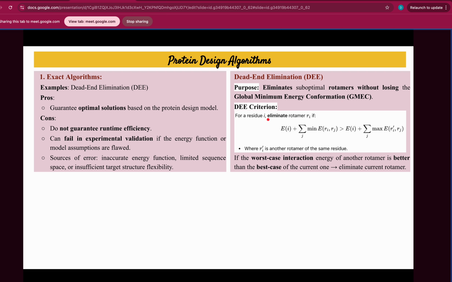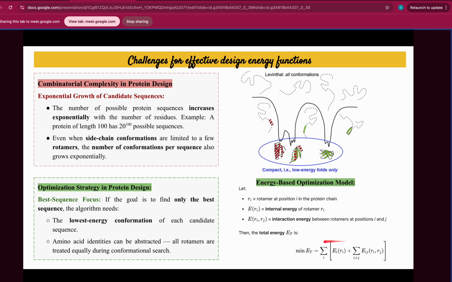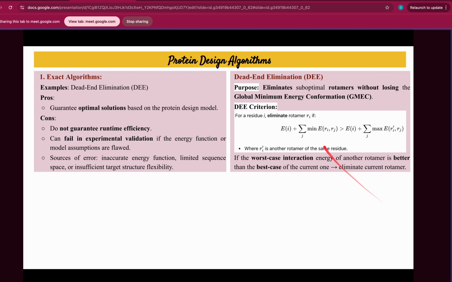For example, for residue I, we will eliminate a rotamer based on the energy of this rotamer, which we have seen in this particular equation. This one is for the single I. The energy of residue I plus its interaction with all such residues, if we add all the interaction energies, is greater than the energy of I plus the summation over J of the max E, for the rotamer R prime.